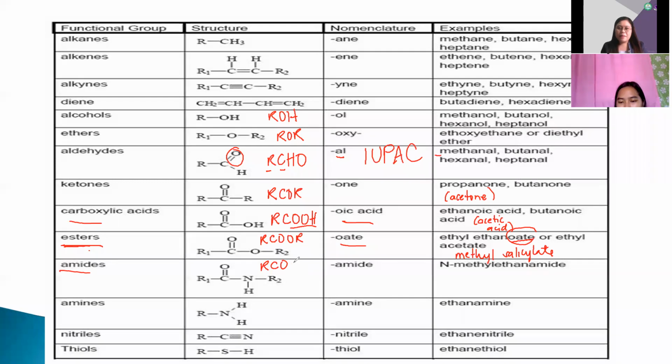For the amide, you have here RCON and R. So the N can have hydrogen actually. So you have a hydrogen there, but it can also be RCON and R. You have functional groups, any functional groups at the terminal, while at the center you have C double bond O and a nitrogen group.